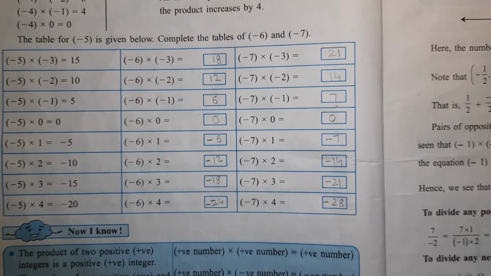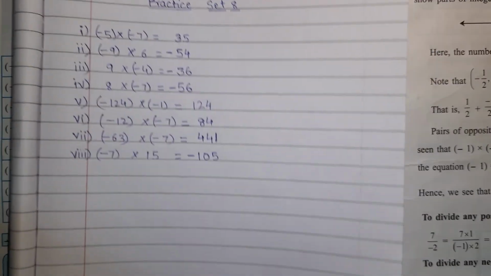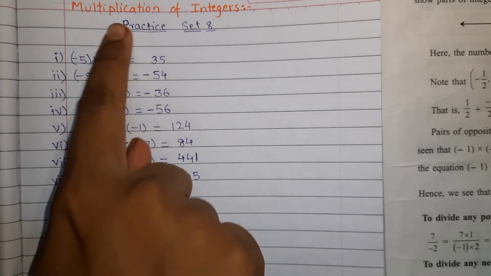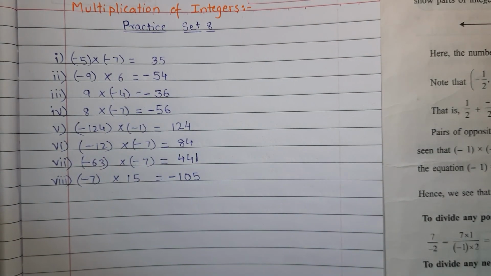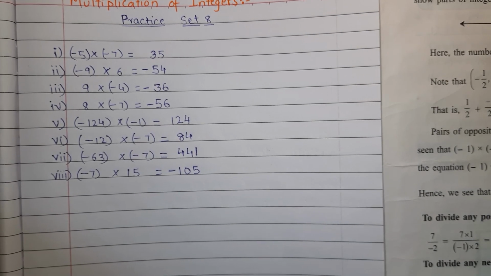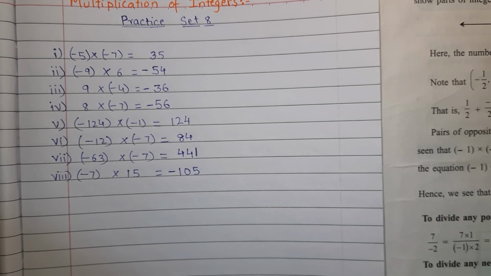Understood? So this is the multiplication of integers. You have to write practice set 8 in your notebook. Write the heading multiplication of integers, then write the heading practice set 8 and write down these 8 questions in your notebook. Then in the next lecture we will start division of integers.